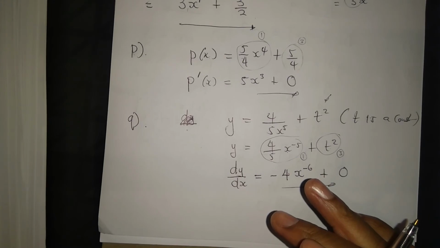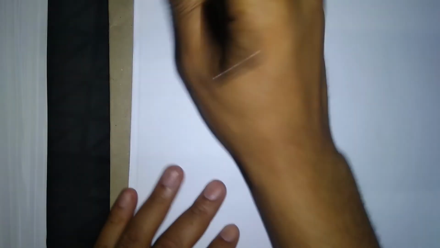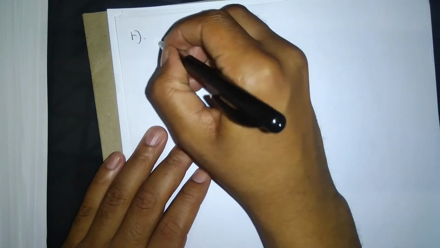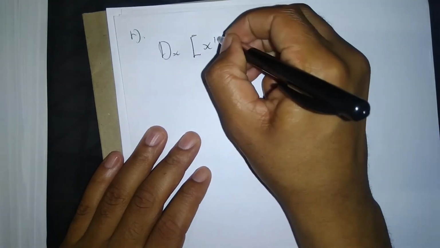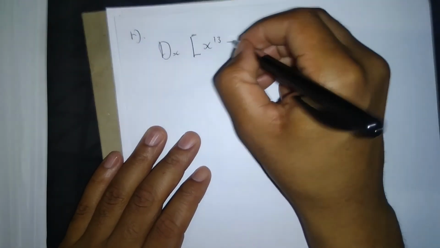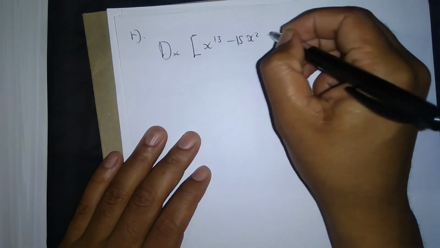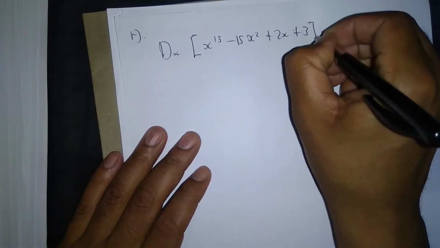And then maybe a last one. R. They give us dx of x exponent 13 minus 15 x squared plus 2x plus 3.